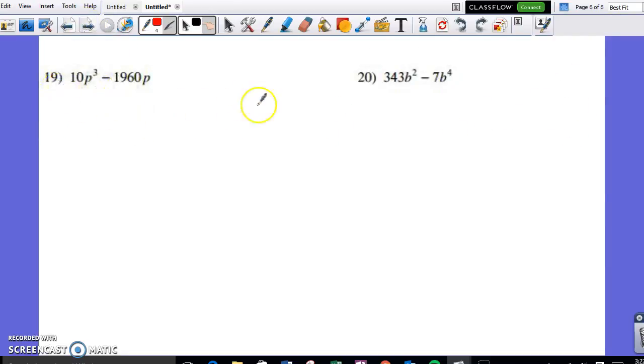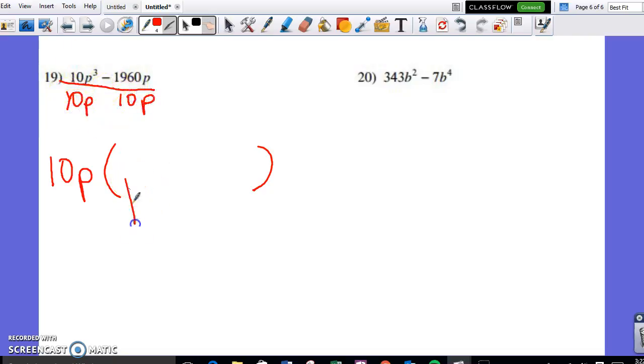And then these are a little bit more, so that's why I wanted to make sure that I showed you. Again, you go through the same steps. Is there a GCF? Yes. These both have 10p. So I'm going to divide this by 10p. And when you're done, you're going to have p squared minus 196. Now you start all over.